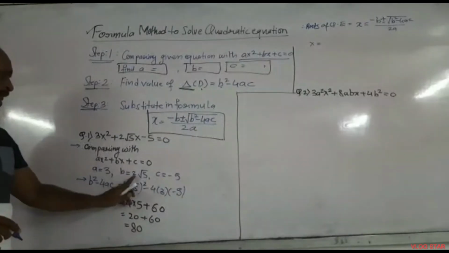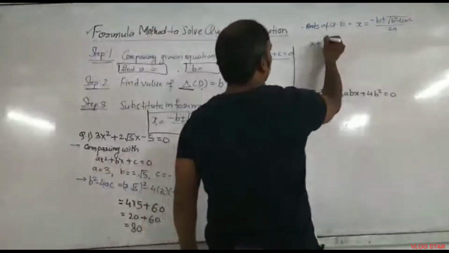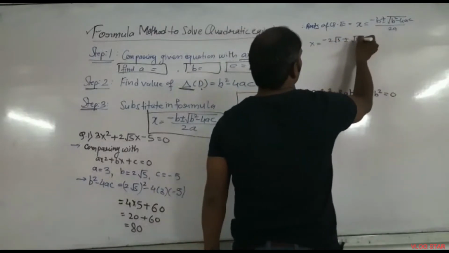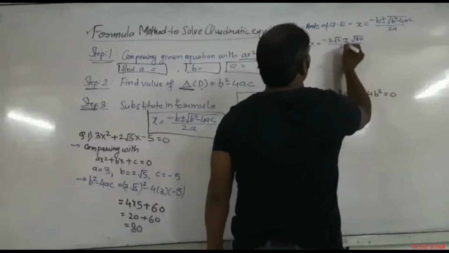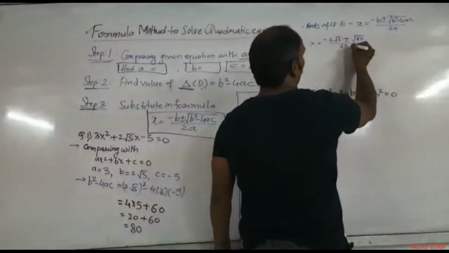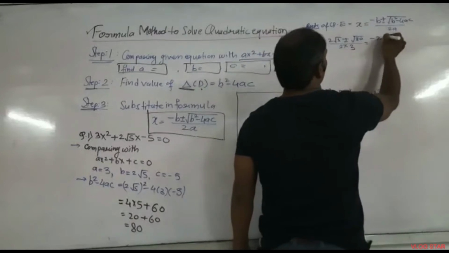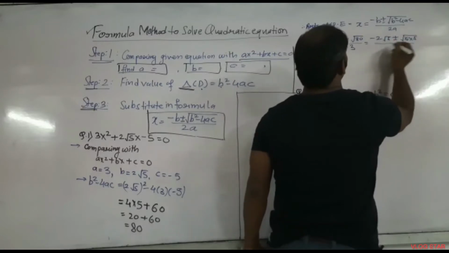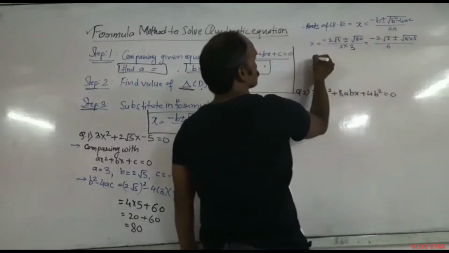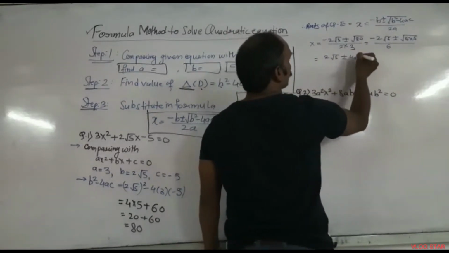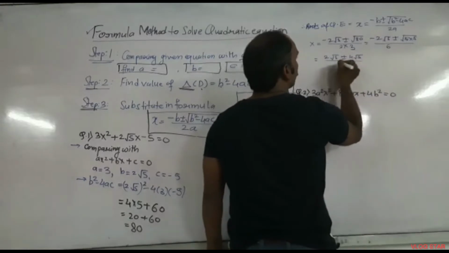It is minus 2 root 5, so minus 2 root 5 plus minus under root 80 upon 2 into a. So what is the value of a? The value of a is 3. Of course we can simplify this. Minus 2 root 5 plus minus, this is 16 into 5, upon 6. So you will get minus 2 root 5 plus minus 4 root 5 divided by 6.